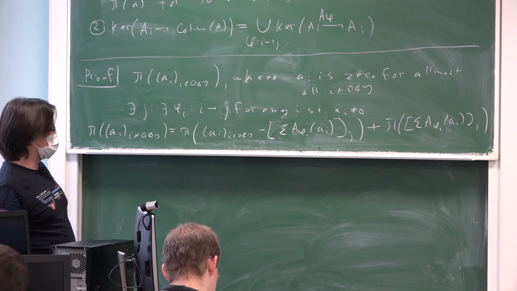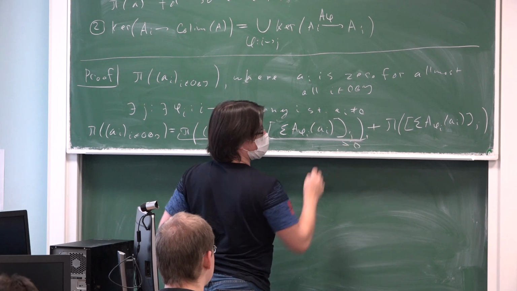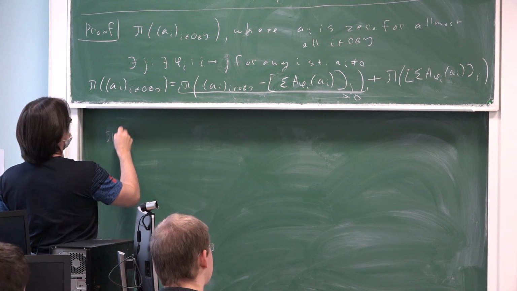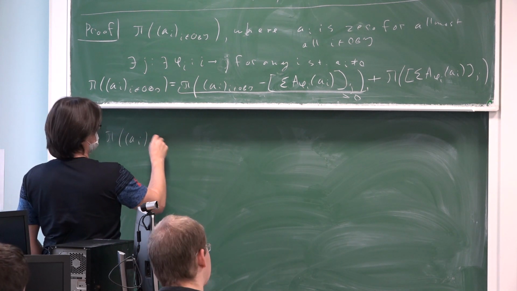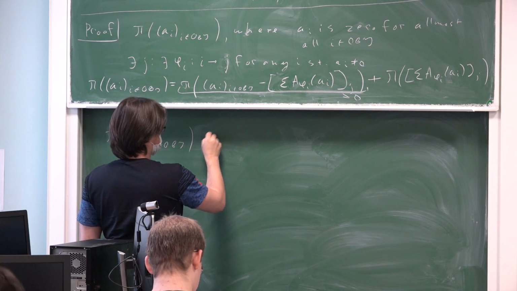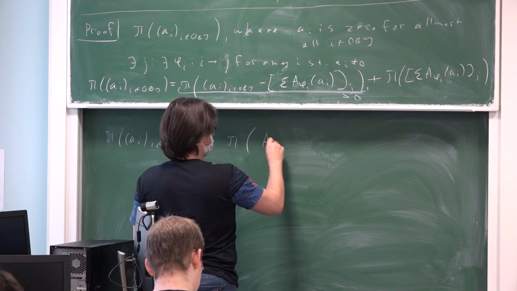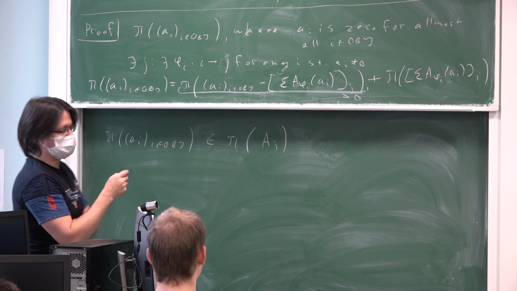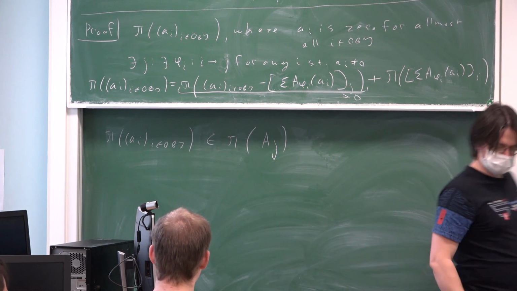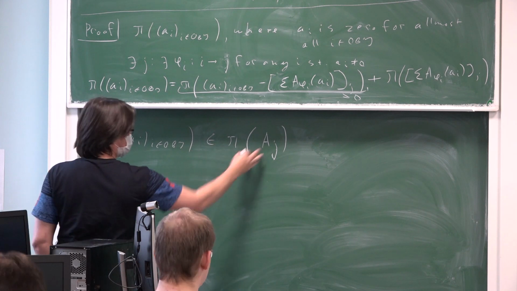And by definition of pi, this one is 0. So pi of a lies in pi of A_j. And it is what we want to prove, that for any element there is some index such that this element lies in the image of A_j.